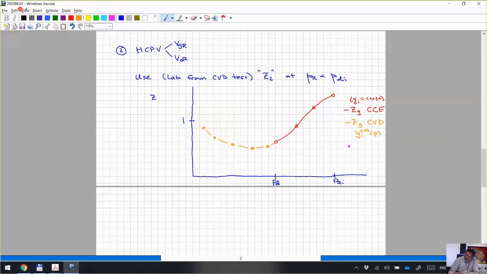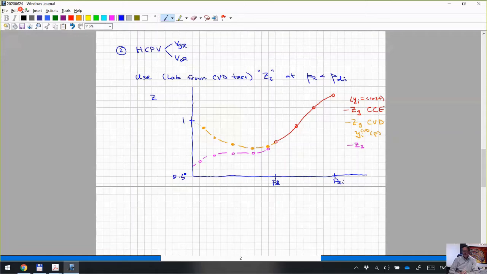And then they're going to give us this strange thing called two-phase Z factor, and it'll be only below the dew point, and it's going to look something like this. It has this funky non-monotonic shape. Now this is not going to 0, this is probably going to 0.5.